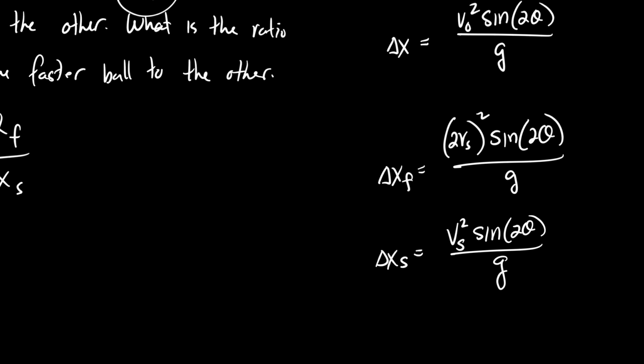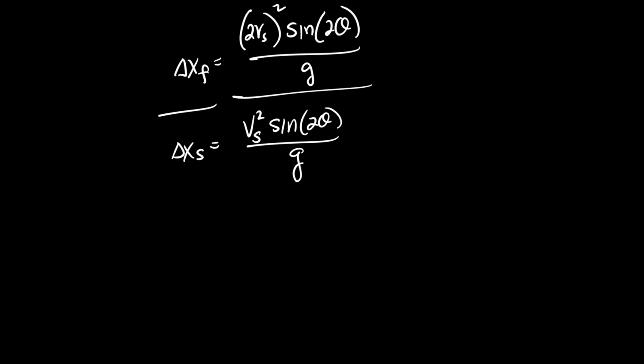Find a relationship that has the variables in it that you're comparing. Put in the comparison. It's not a whole lot here. I'm going to divide these two things. Anything that's on top and bottom that's the same just cancels out.